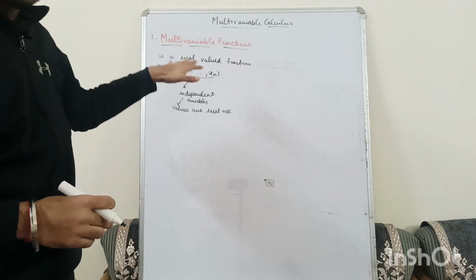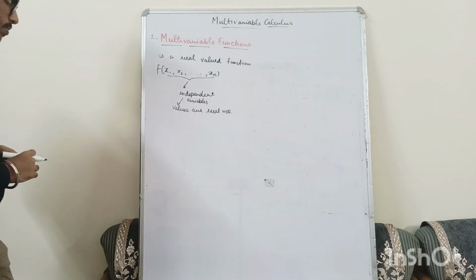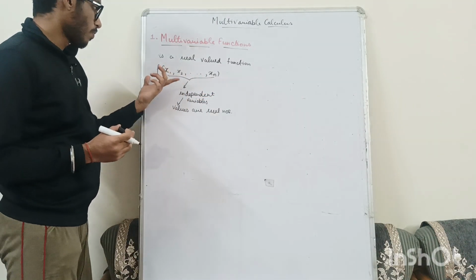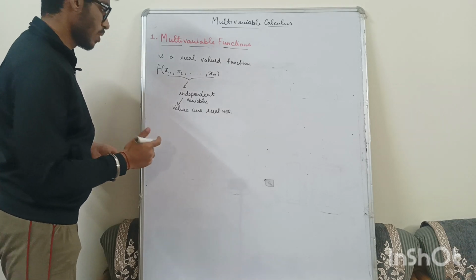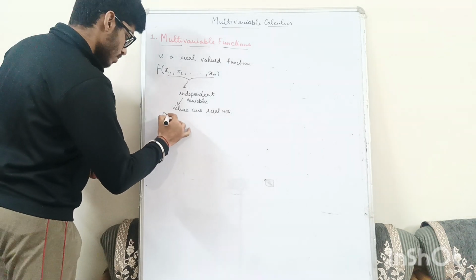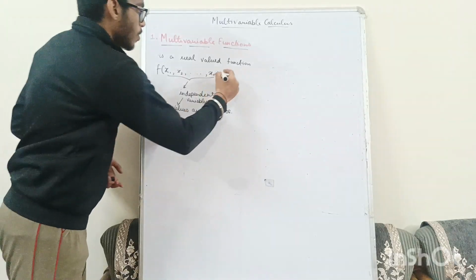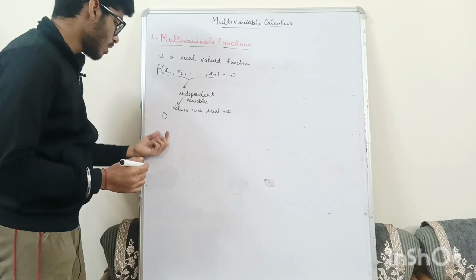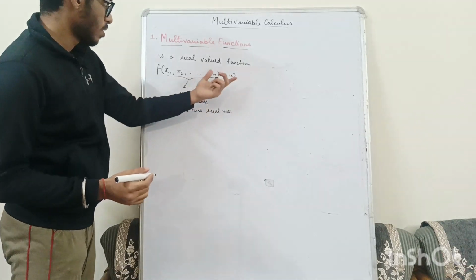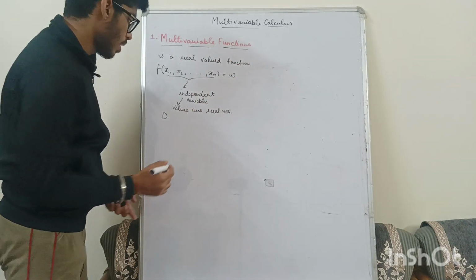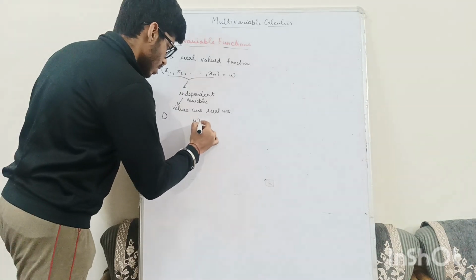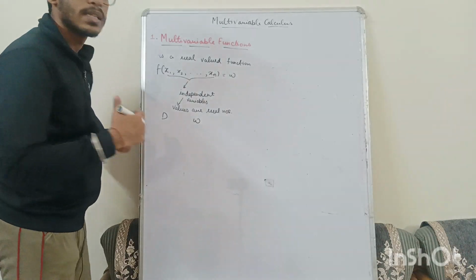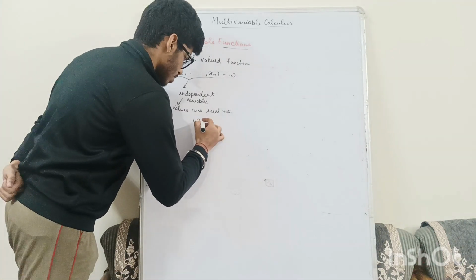So such a function is called a real valued function, and the input of this function is called the domain. So x1, x2, xn define a domain D, and the output, let's say, is equal to W. So for different values of D, I'm going to get some output W, and the set of all possible values of W will be the range, right?